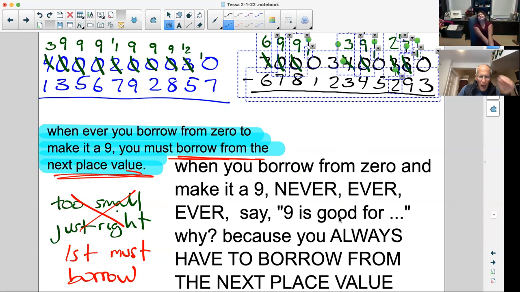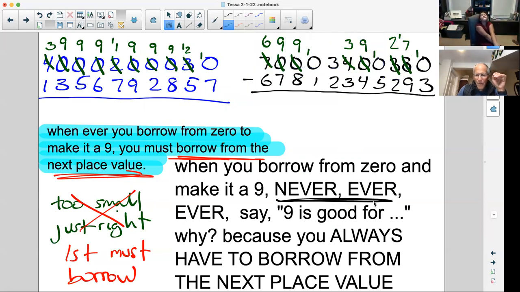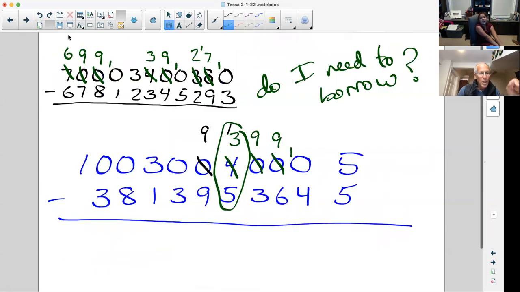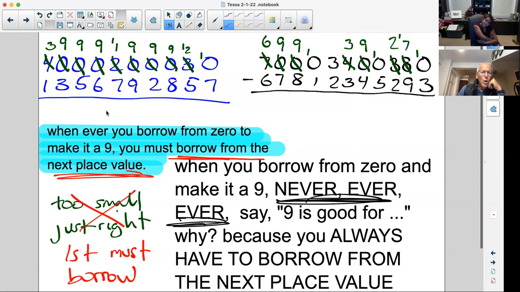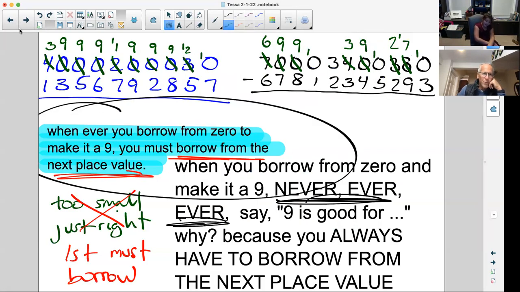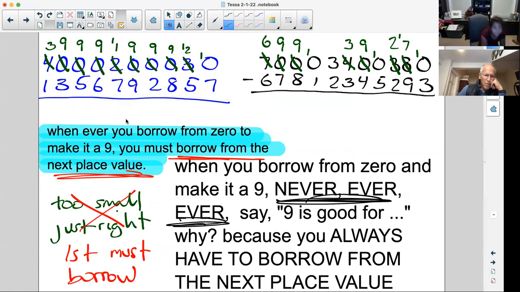You never, ever analyze the 9 and the 9 because you've borrowed from 0. What do you have to do whenever you borrow from 0, Tessa? You must borrow from the next. Tessa, come on.